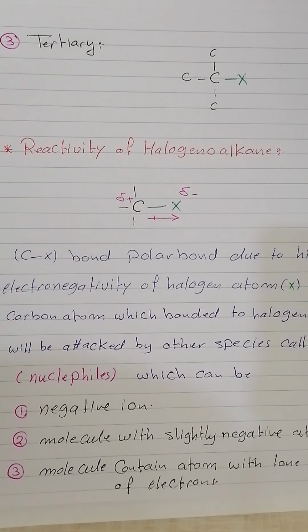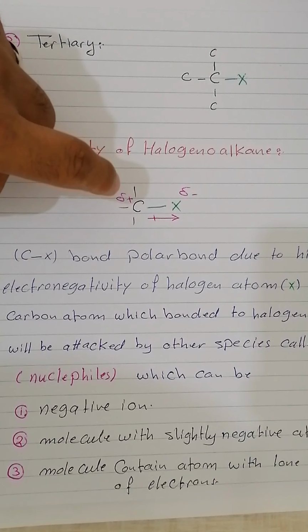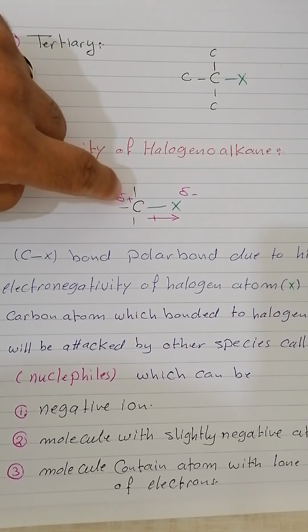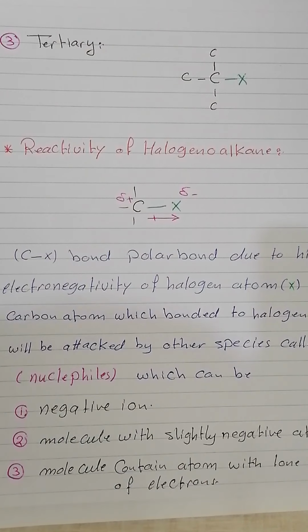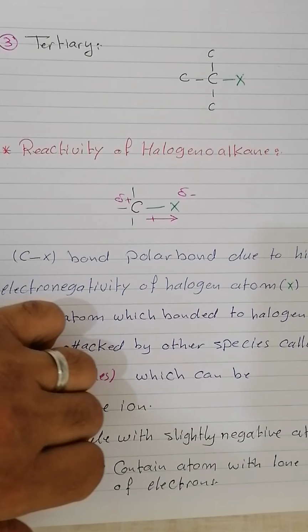So this is the main reason for the reactivity of halogenoalkanes, because we have this partially positive charge at the carbon which is bonded to the halogen, and this carbon will be attacked by the nucleophiles.